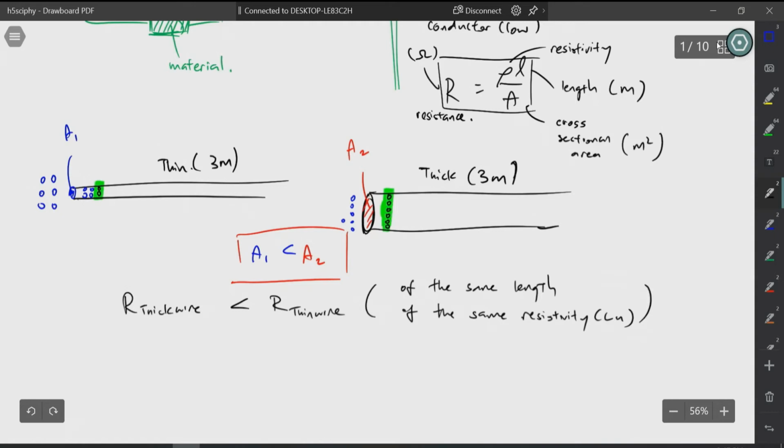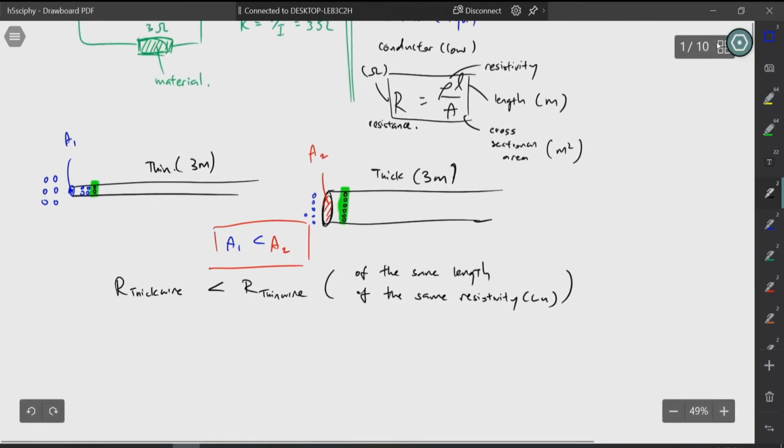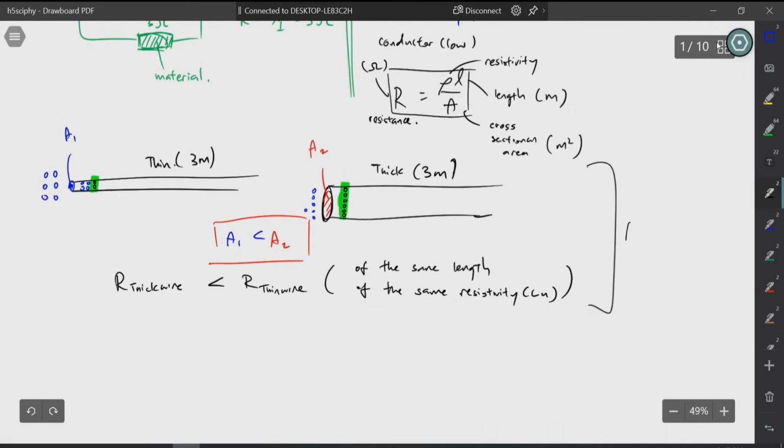So basically you realize that the area plays a part. Thick wires have less resistance than thin wires. The larger your area, because you are allowing more electrons to flow through in one section, your resistance decreases. So this is number one, about area.